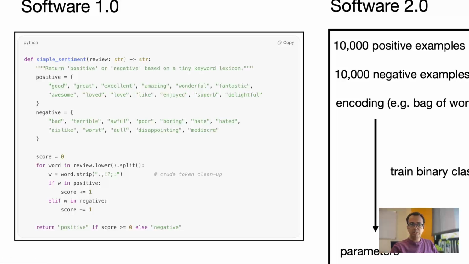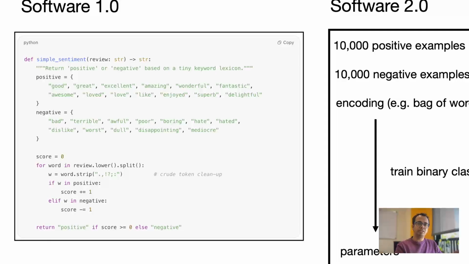For example, in this software 1.0 example, you can see that to write a sentiment classifier, given an input sentence, if you have to say whether this is a positive sentiment or a negative sentiment, the person has chosen to find some positive words, some negative words, and then based on how many words you could find of what type, you would label this as a positive or a negative word.